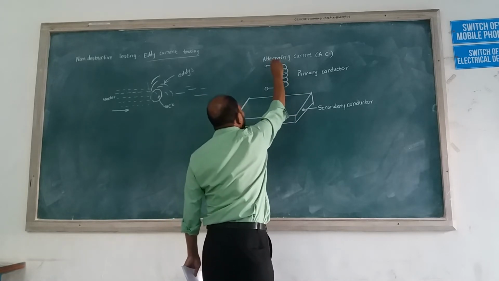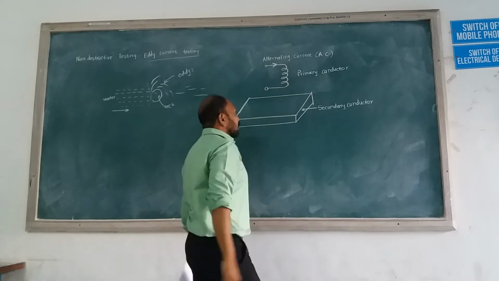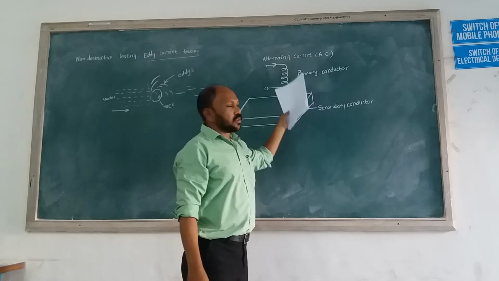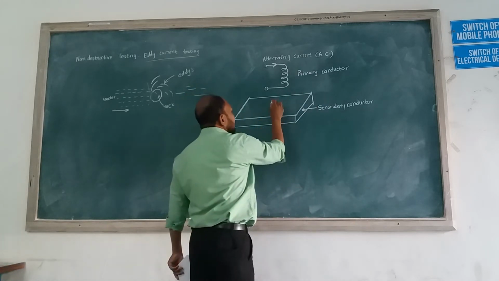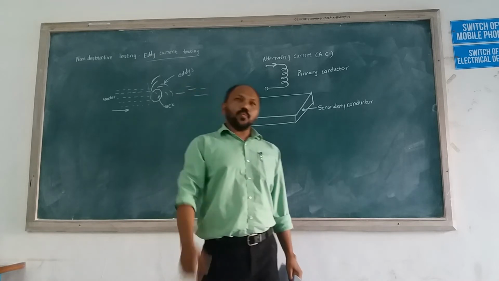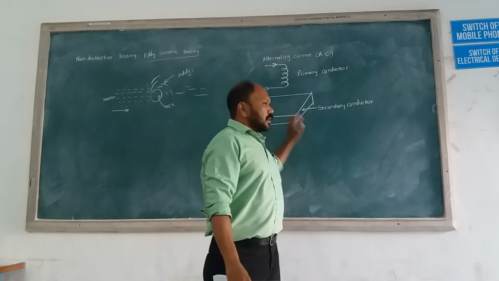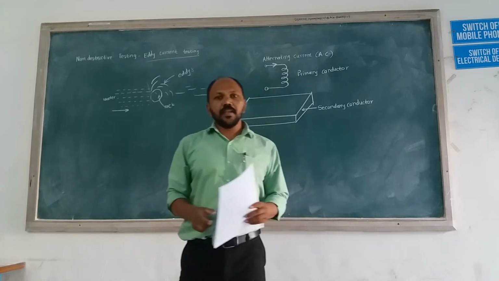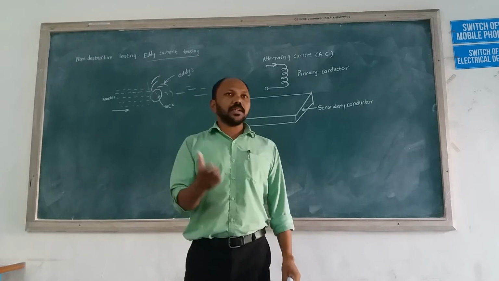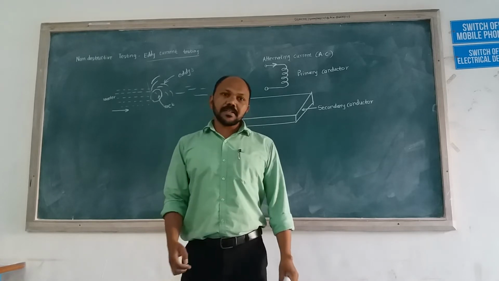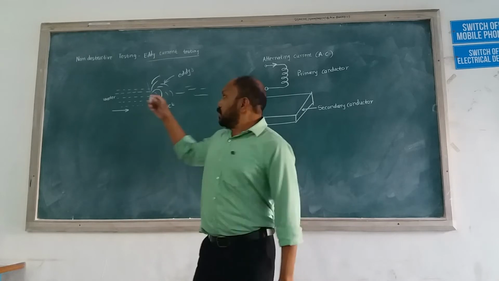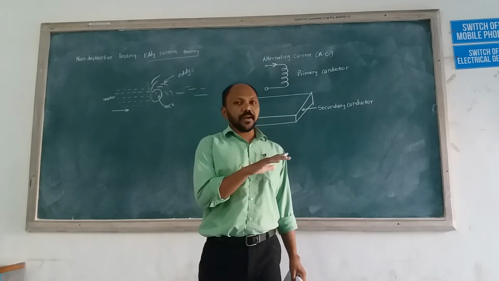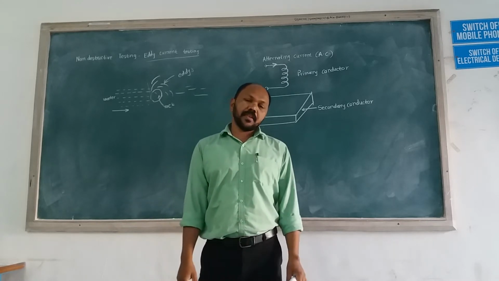When we flow the current through this coil, this is the primary conductor, and current flows through this conductor. And this is the secondary conductor, which is the component or sample we want to test for defects.